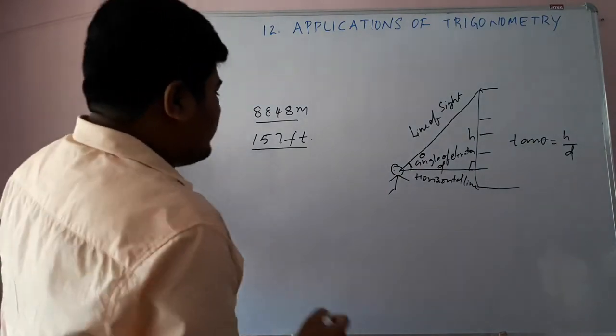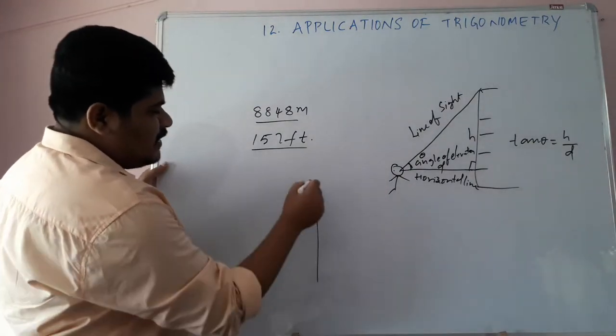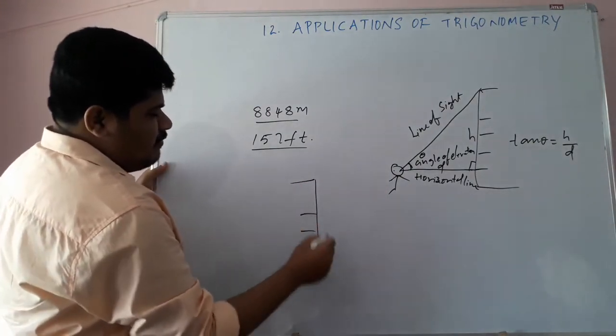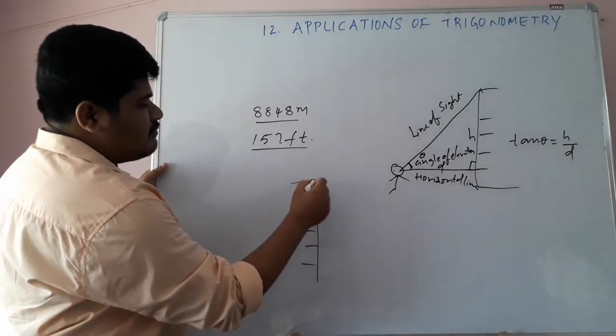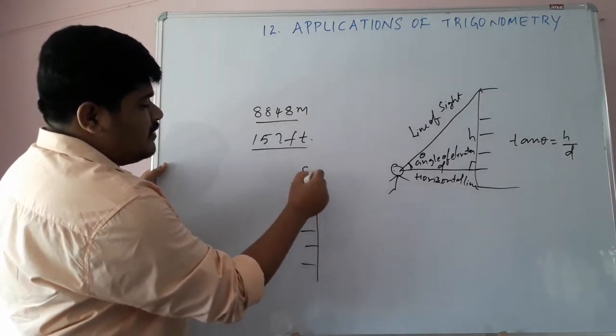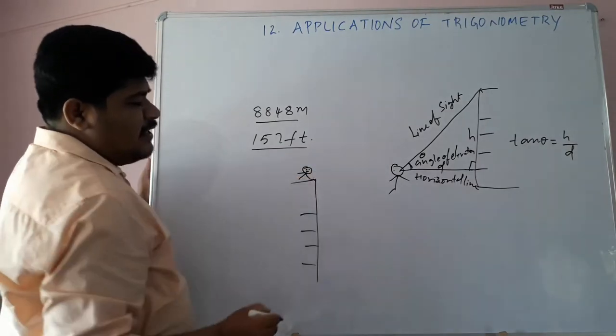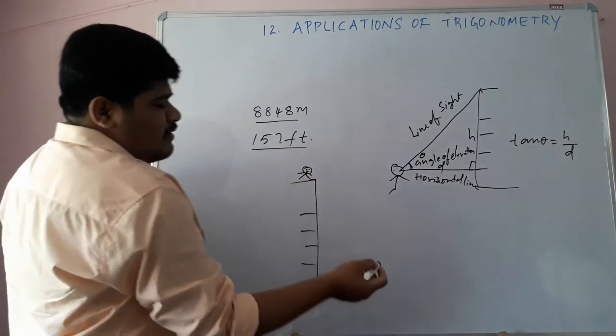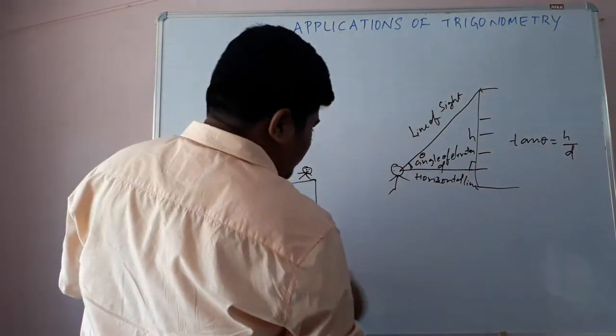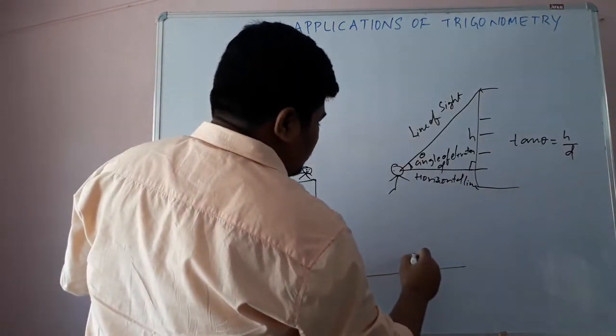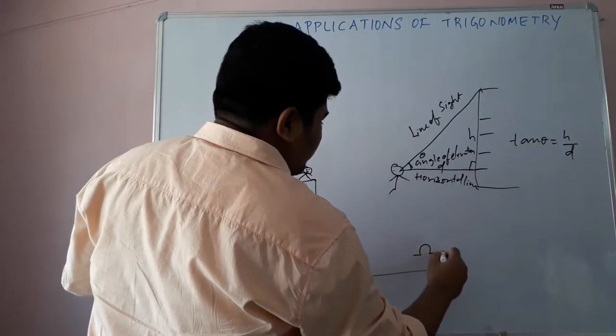Suppose here the reverse case: one student is upon one building or apartment, and he is observing one car that is parked here.